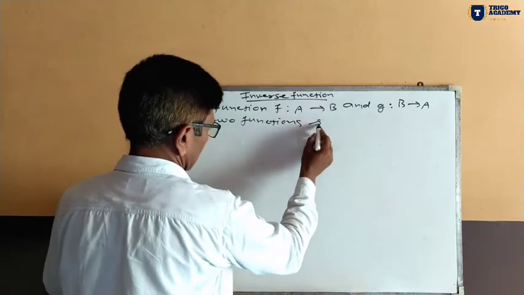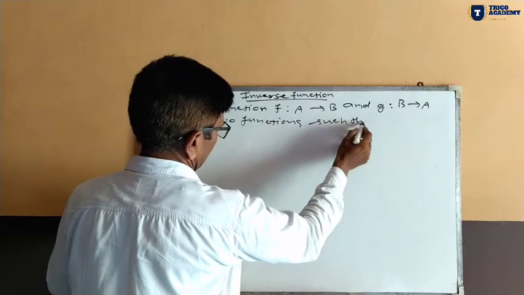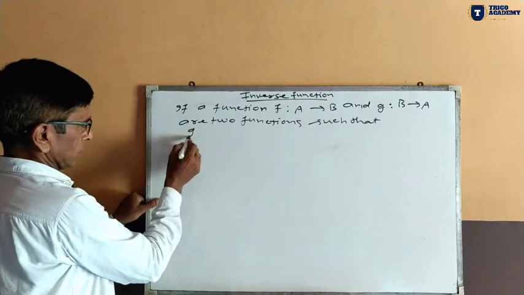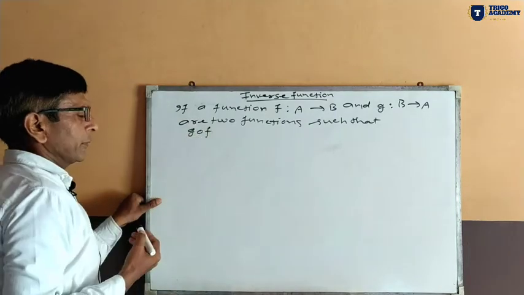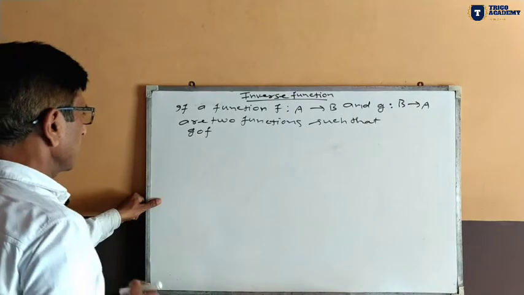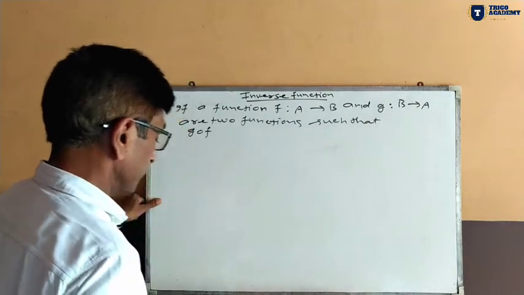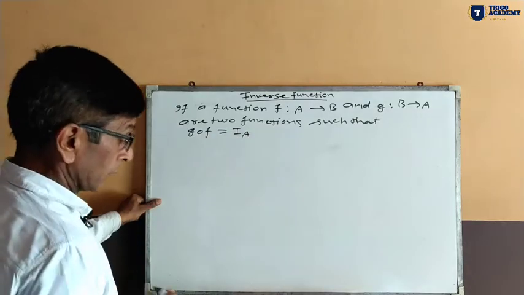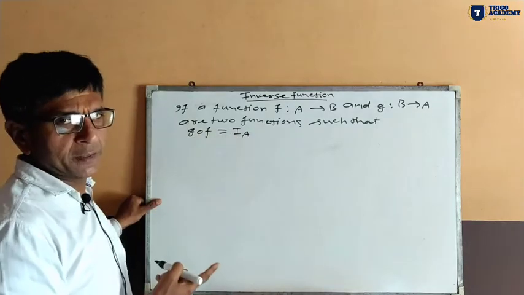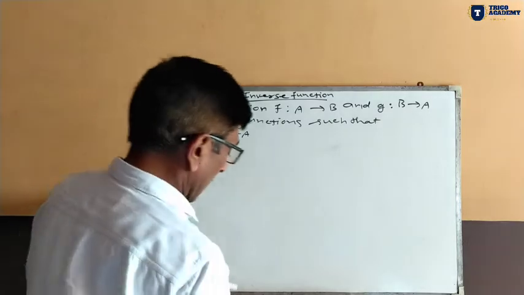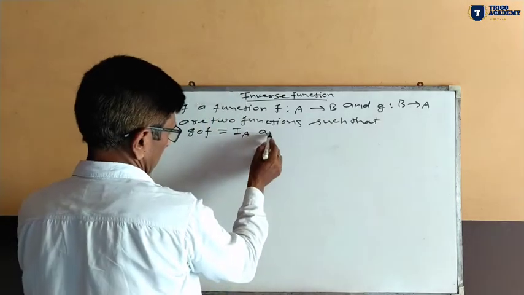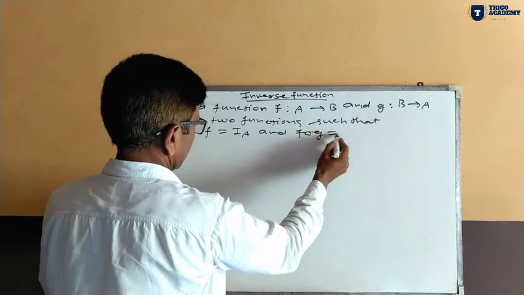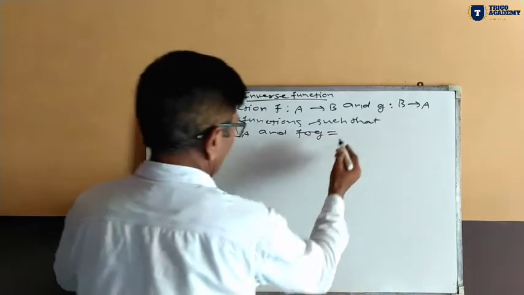such that GOF, composition of GOF, equals IA. IA means identity function, and FOG equals IB.